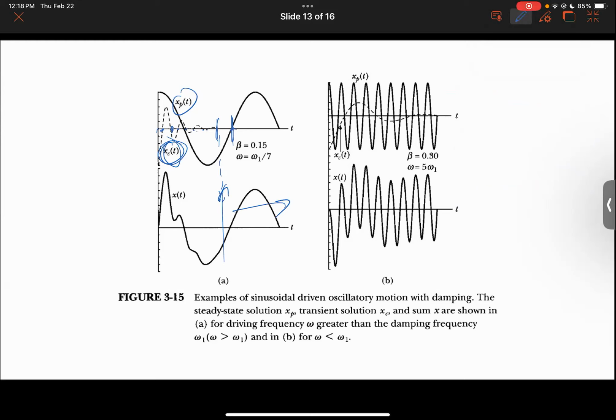Now, we mentioned the swing on the slide. To match the swinging of the child, the angular frequency also needs to match the swinging. So omega, which is the angular frequency of the driving force, should be the same as omega 1, which is the angular frequency of the swing. When the two match, in that case, we call that resonance.